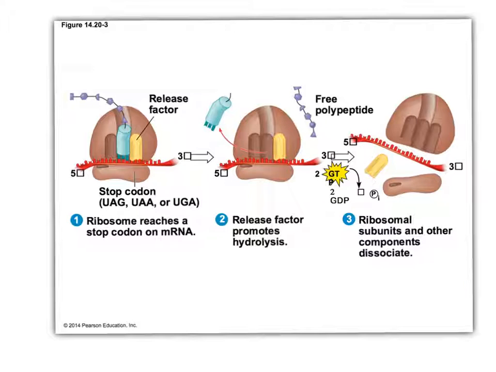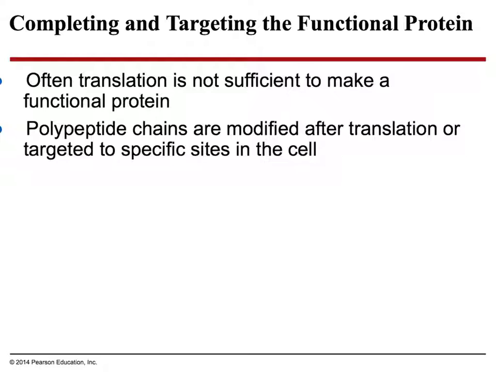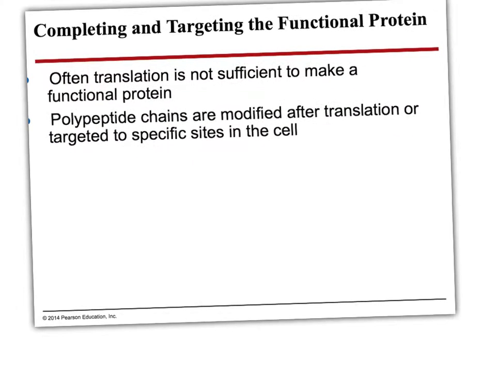Or it could be degraded depending upon the needs of the cell. On the termination. So initiation, finding the right start site, orientating and binding the ribosome so that the P site is bound by a methionine tRNA.